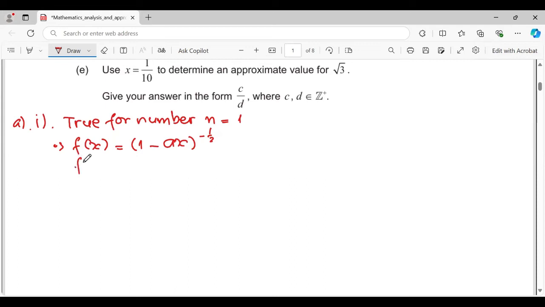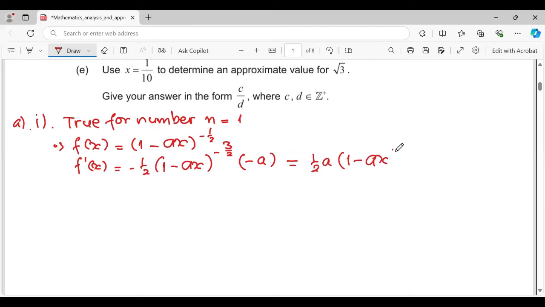The derivative of this function is minus half times 1 minus ax to the power minus 3 half times minus a. So minus times minus is positive: half a times 1 minus ax to the power minus 3 half. And the second part is the right side.